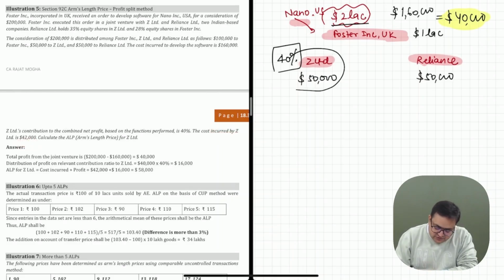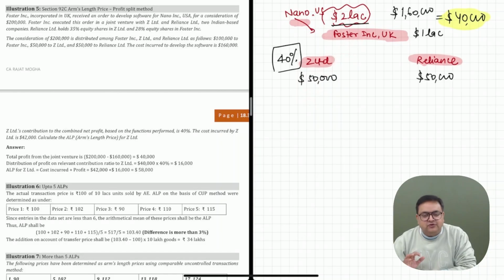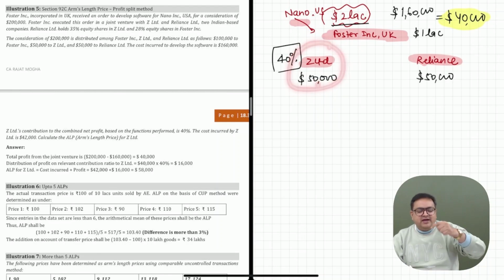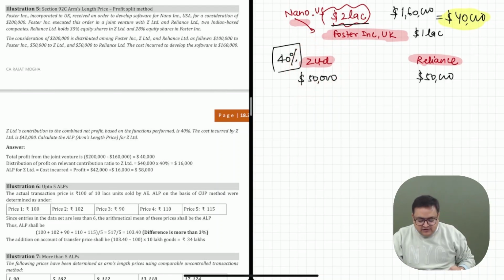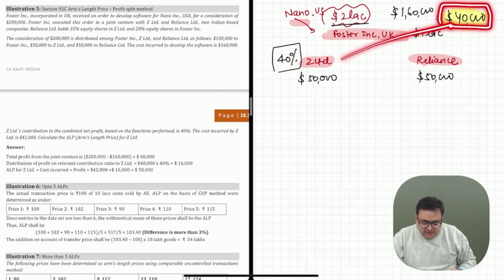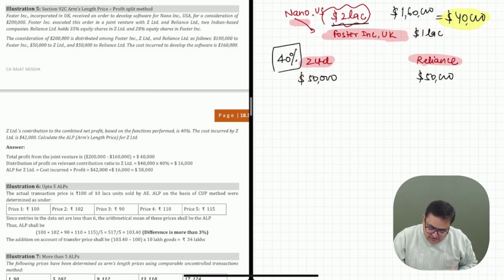Foster has given us $50,000, but this is not the correct price. If Z Limited has performed 40% of the functions, then out of this profit we should receive 40%, which is $16,000.